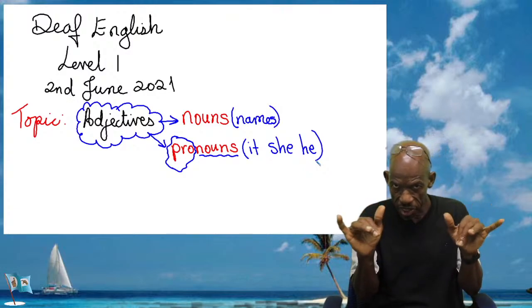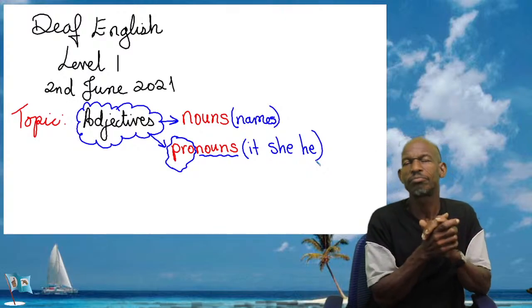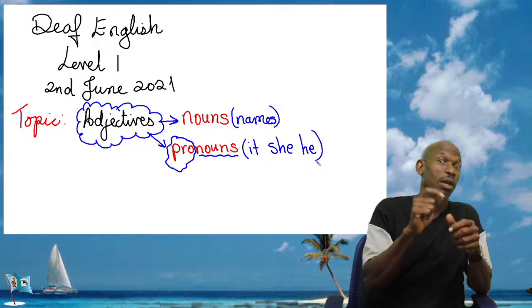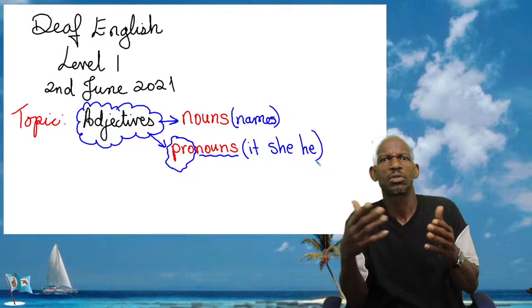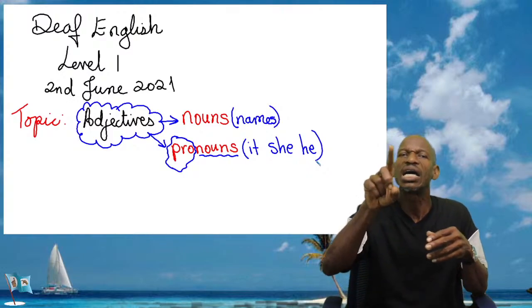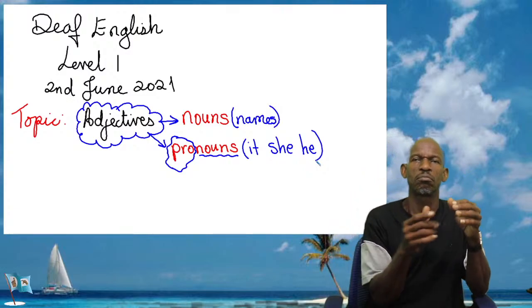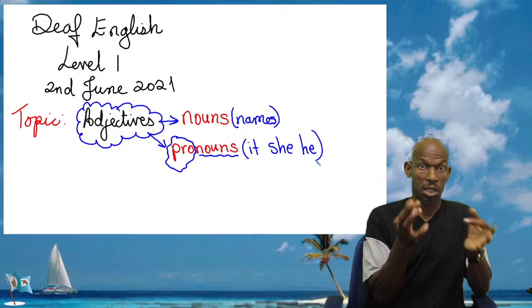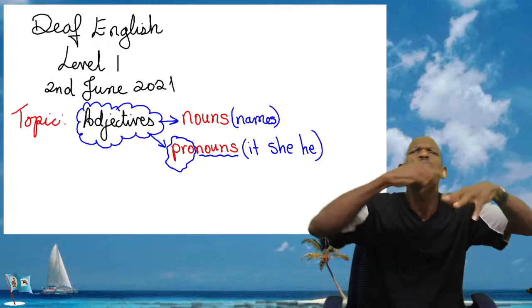Okay, so the function of adjectives is to make pictures to describe nouns, or make a picture of a noun. We would use the word describe, DESCRIBE. So in English we say describe the noun or pronoun.